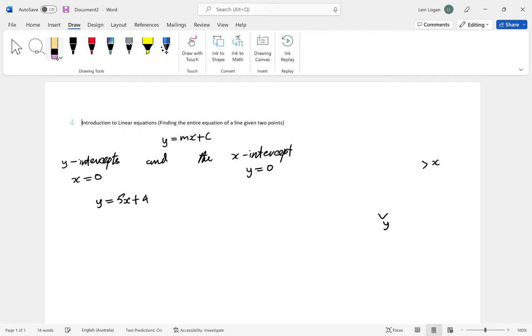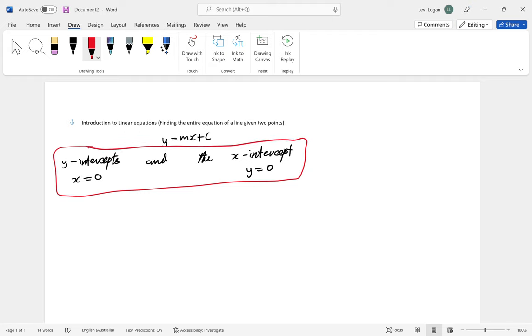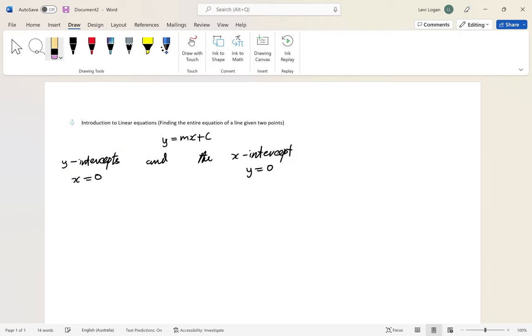It works with quadratics and all sorts of other graphs. So this is a huge idea. No matter if you're doing a trigonometric equation or a quadratic, to find the y-intercept, x is 0. To find the x-intercept, y is 0. This is a huge idea.